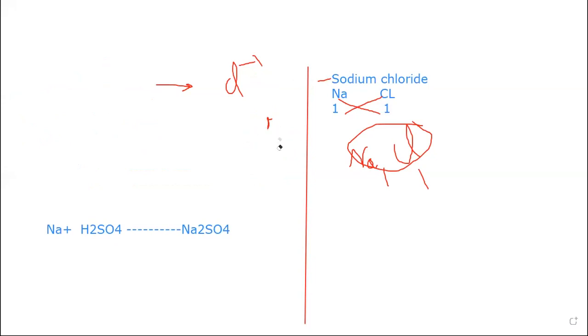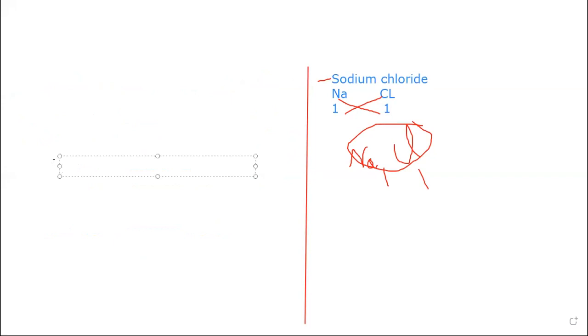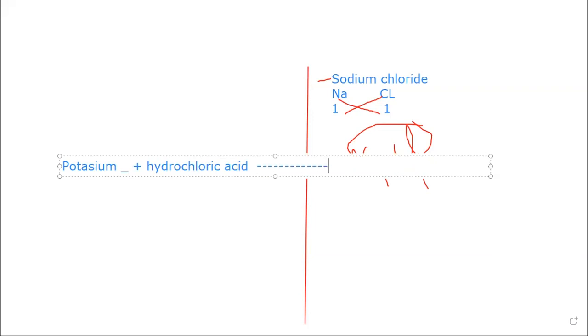Okay, Jana? For example, when potassium reacts with hydrochloric acid, what happens? Miss, it becomes potassium hydroxide.